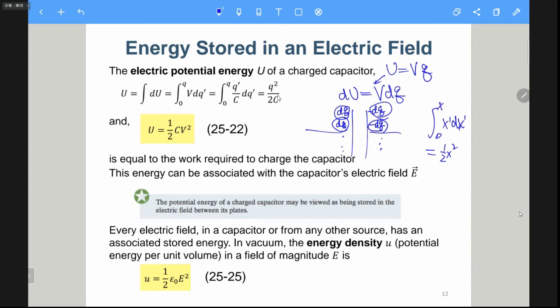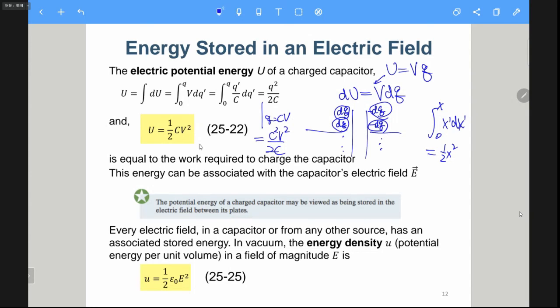And what we will use more frequently is actually 1/2 CV squared, by substituting Q equals CV. So we have 2C, and then C squared V squared, so that you can cancel one of the C, and it becomes 1/2 CV squared.